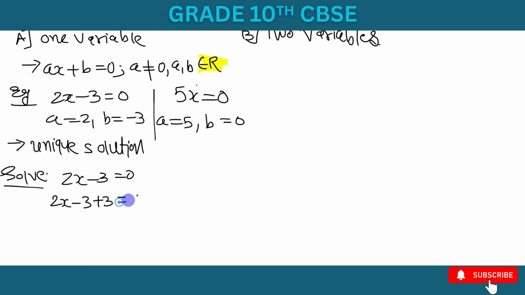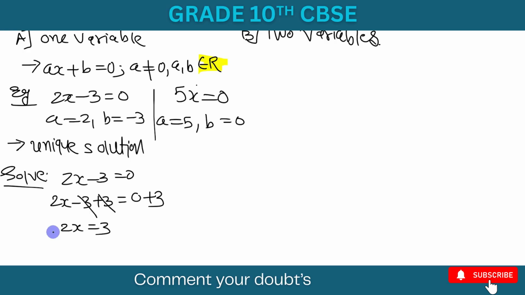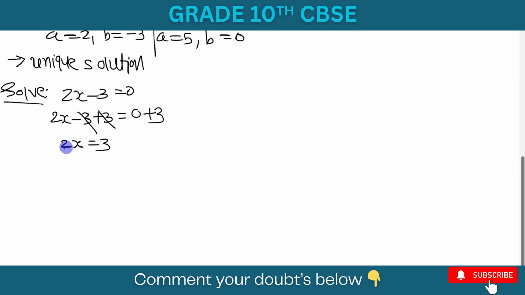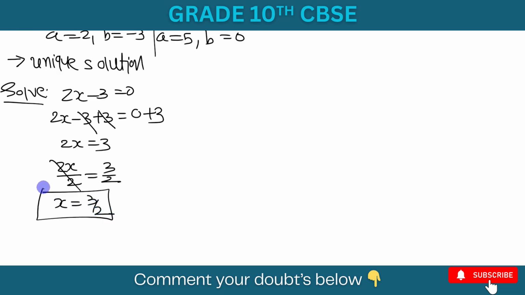We have to isolate the variable x on the left hand side. First of all, to eliminate the minus 3, on both sides we will add 3, so 3 can be eliminated, and 2x is equal to 3. Now to eliminate the 2, on both sides we will divide by 2, so the 2 got cancelled. So what is the answer? x equal to 3 upon 2.